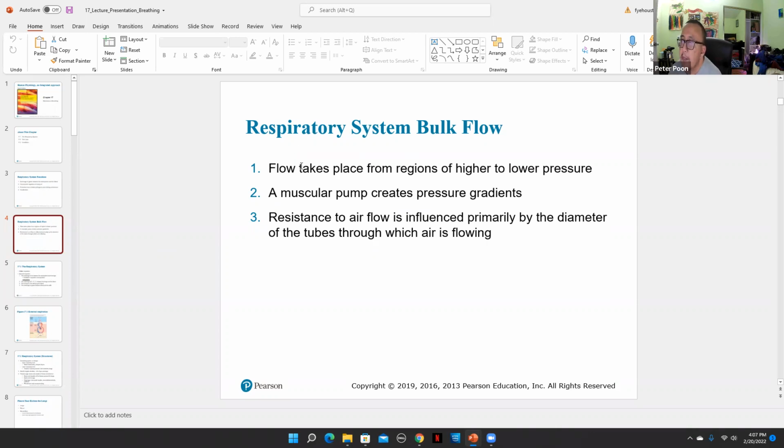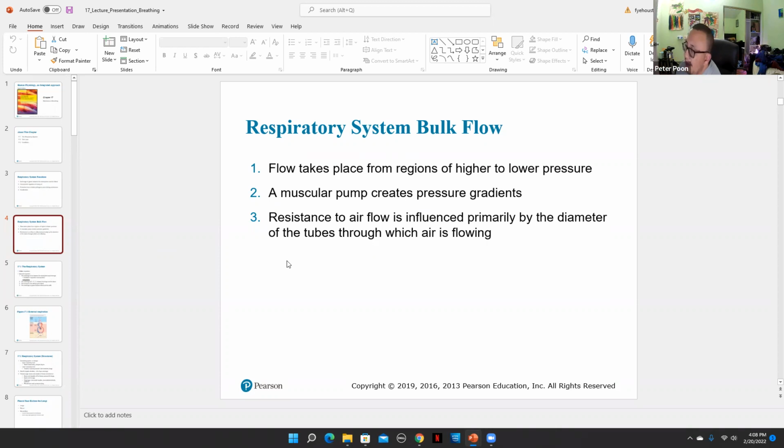Okay. Flow, we discussed earlier, takes place from regions of higher to lower pressure. Air is a fluid, so you can have flow of air. A muscular pump creates a gradient. The resistance to airflow is influenced primarily by the diameter of the tube in which the air is flowing.